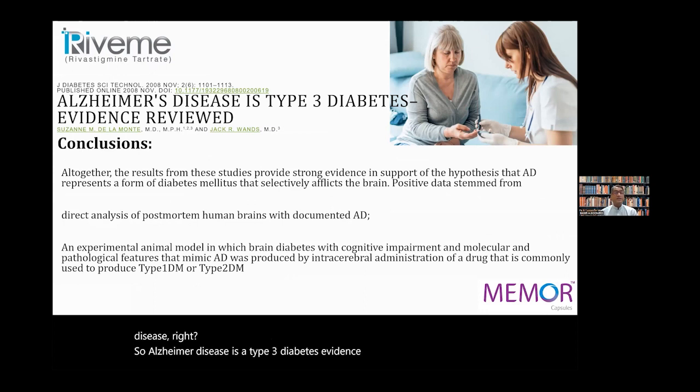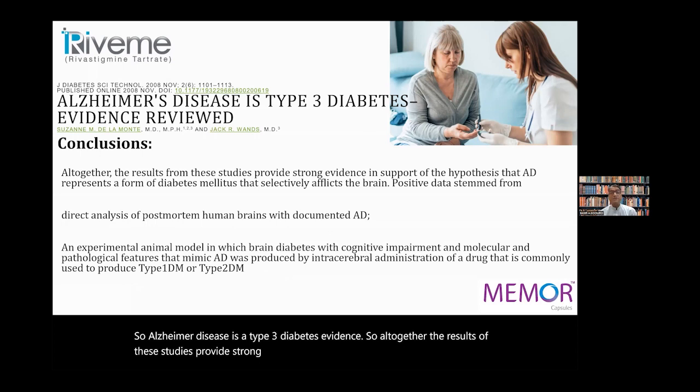So altogether, the results of these studies provide strong evidence in support of the hypothesis that Alzheimer's disease represents a form of diabetes mellitus that selectively afflicts the brain, and positive data stems from the direct analysis of postmortem brains of patients who have diabetes along with Alzheimer's disease.